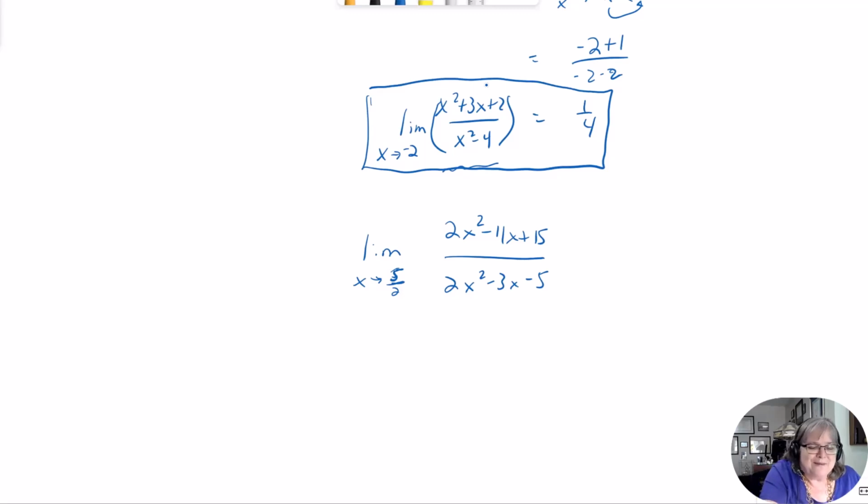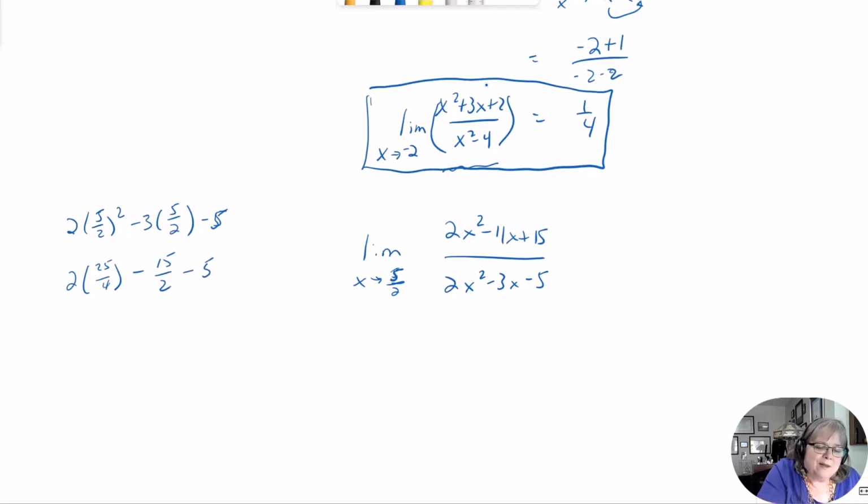Okay, so if we had 2 times 5/2 squared, minus 3 times 5/2, minus 5. Now, sure, you can run this on your calculator, but let's practice some basic math. So this would be 2 times 25/4, correct? Minus 15/2 minus 5.